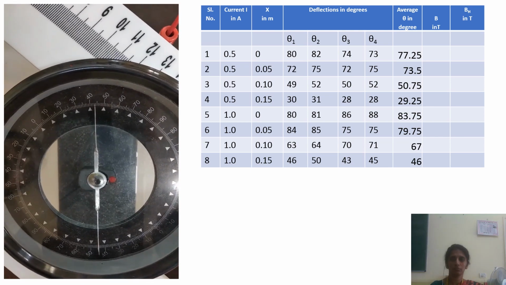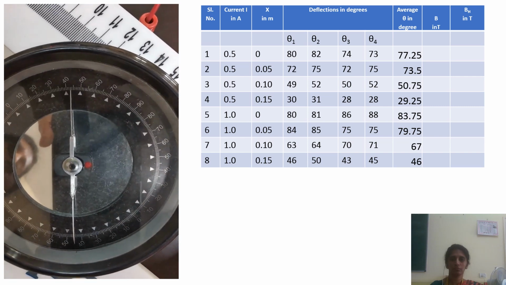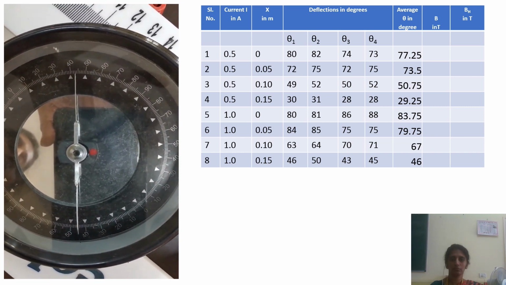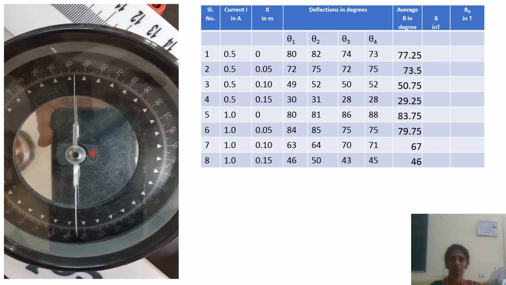One is at 43 and another is at 45. 43 and 45 are theta 3 and theta 4.